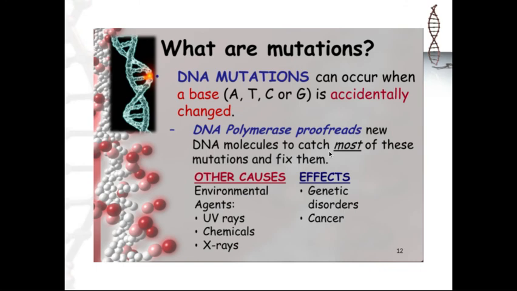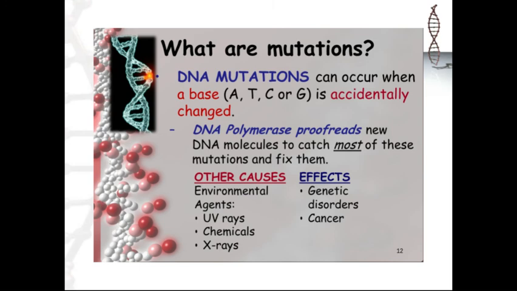It can keep the wrong base from bonding to the DNA. That's really important with checkpoints, like the checkpoint leaving synthesis, and it's a way for organisms to help maintain homeostasis. But it only catches most of these mutations, not all of them.